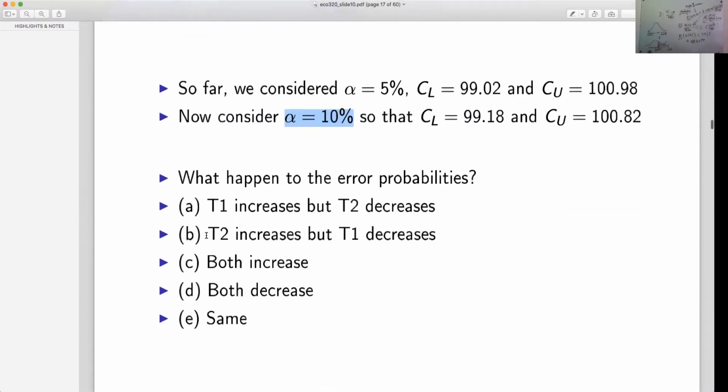So the answer is A. When alpha decreases, on the other hand, type 2 error increases and type 1 error decreases. So alpha is equal to type 1 error, so the direction will be the same, but for type 2 error, the direction is opposite.